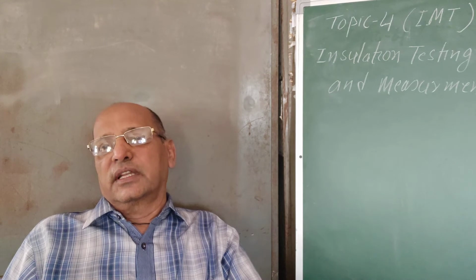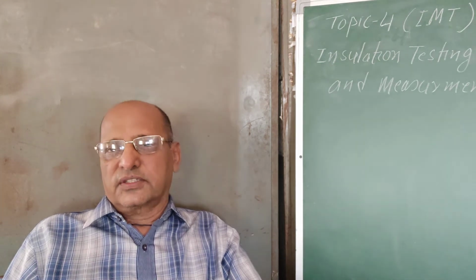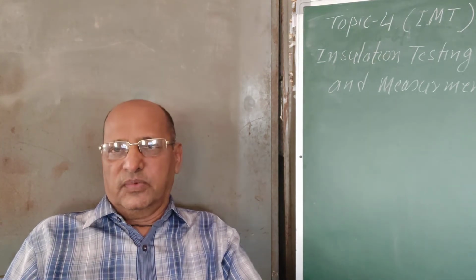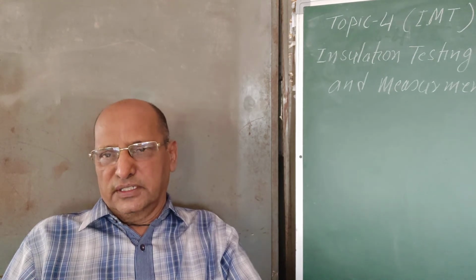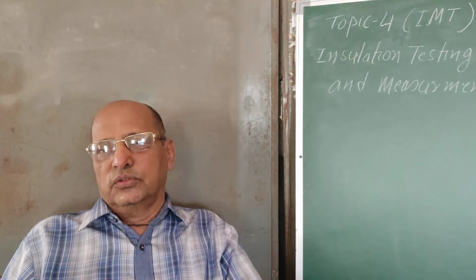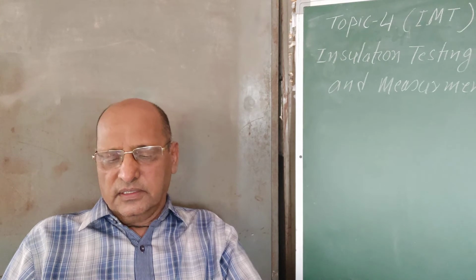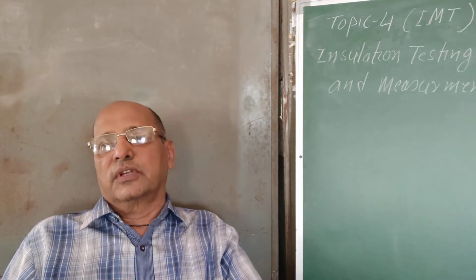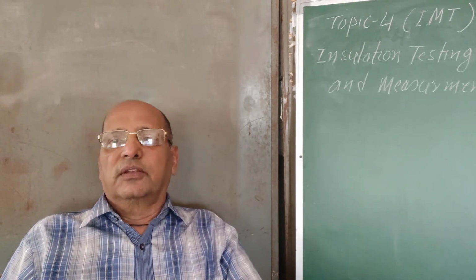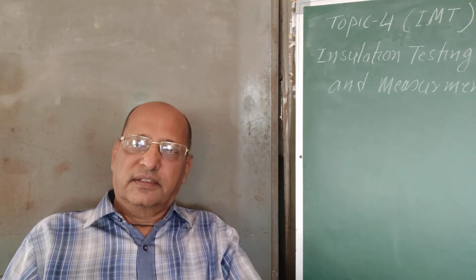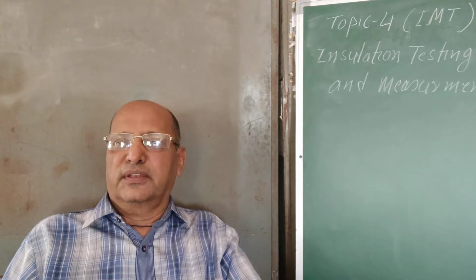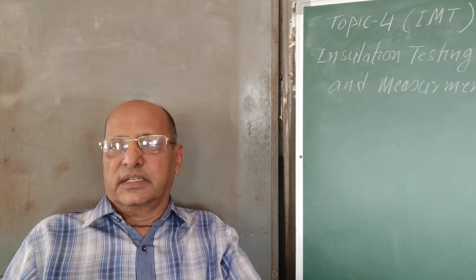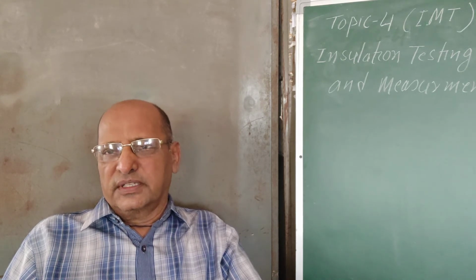Along with this, the dielectric strength of the transformer oil is also tested with the help of an oil testing kit. As I have told you in the previous lecture, insulating oil should have a proper dielectric strength, more than 50 kV per centimeter for a 2 millimeter gap, as tested from the oil testing kit.